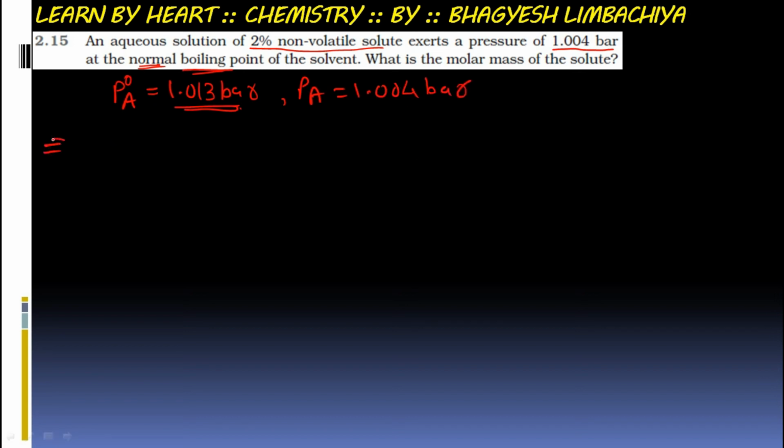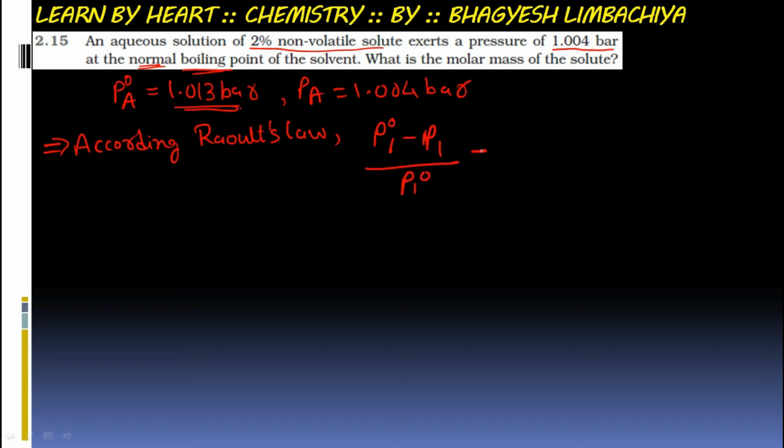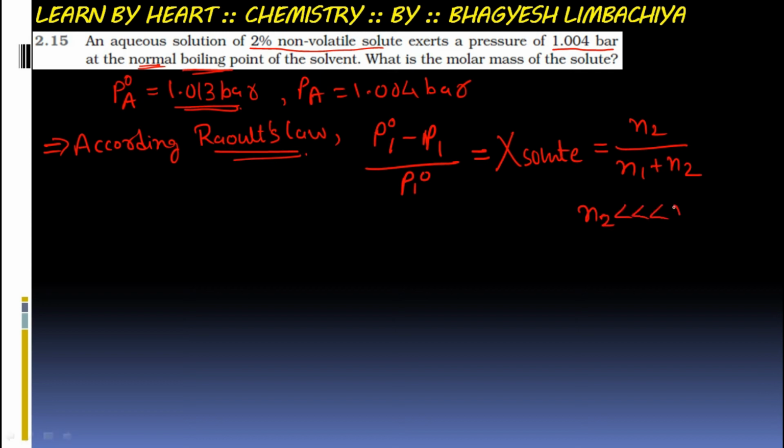Now, according to Raoult's law, the formula is (P1⁰ − P1) upon P1⁰ equals X of solute, that is N2 upon N1 plus N2. Now, generally Raoult's law is applicable only for very dilute solutions, meaning N2 is far less than N1.